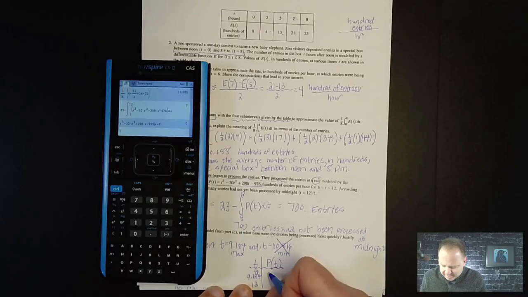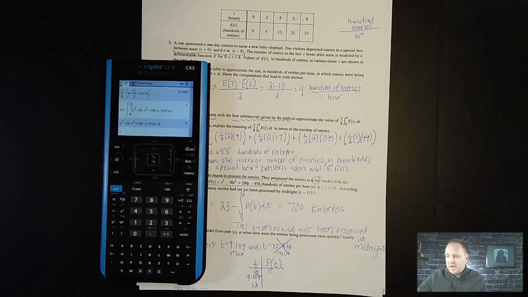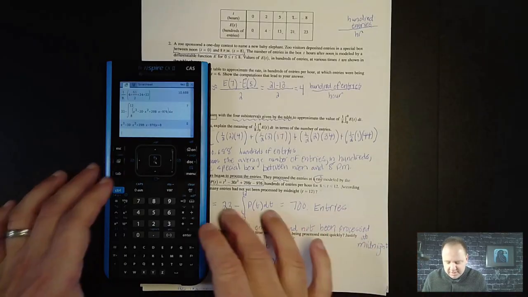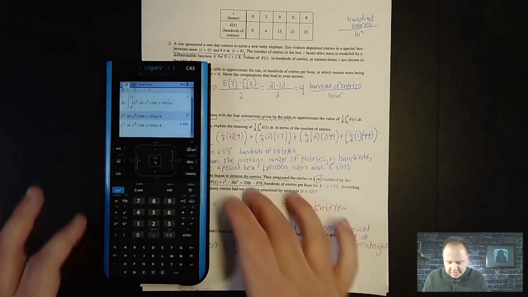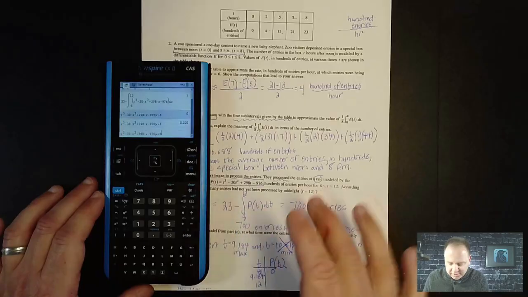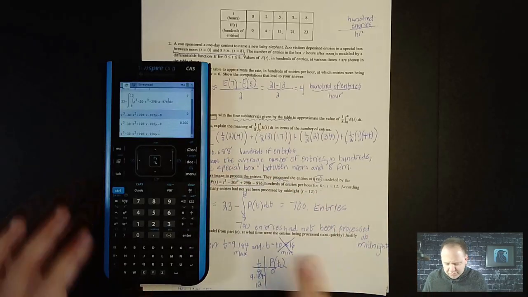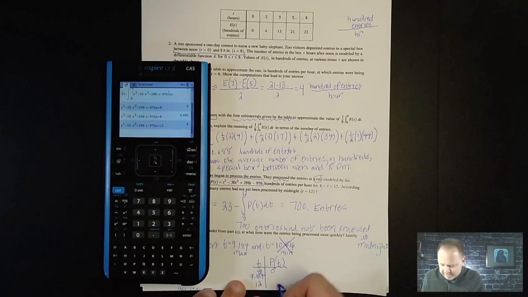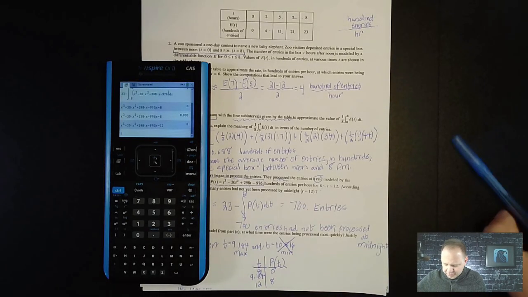So the rate is 0 at the beginning. That's how they set up the model, right? Let's plug in the right endpoint. Let's plug in the 12. The rate that it's processing at the right endpoint is 800 entries per hour.